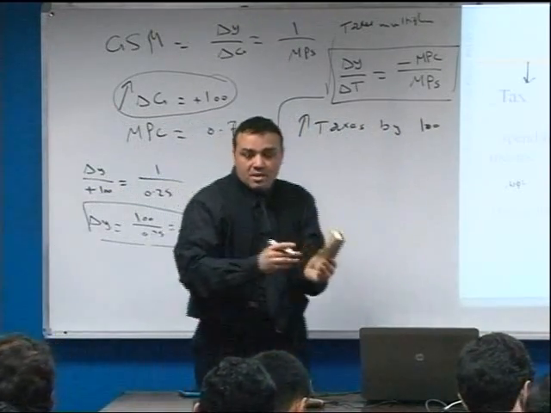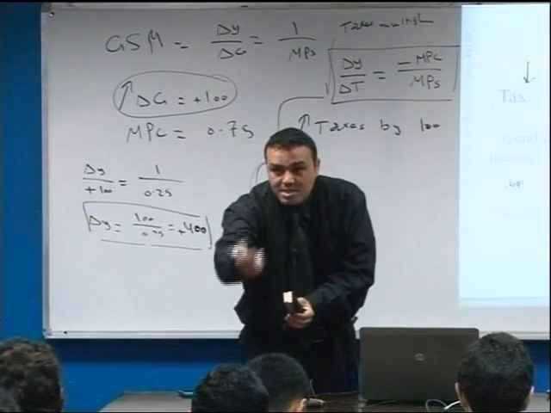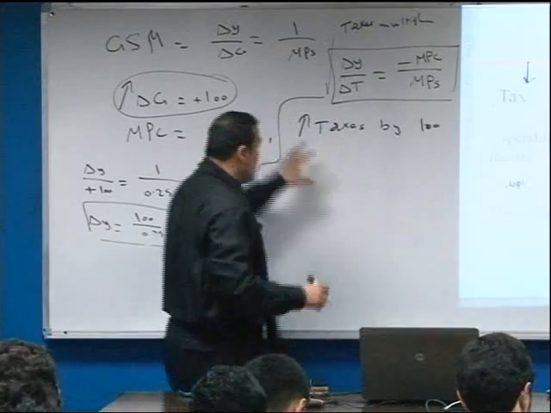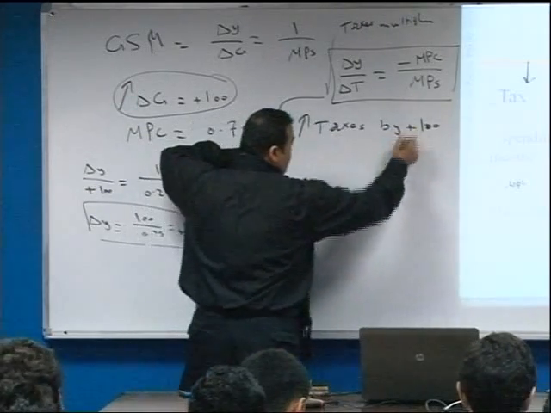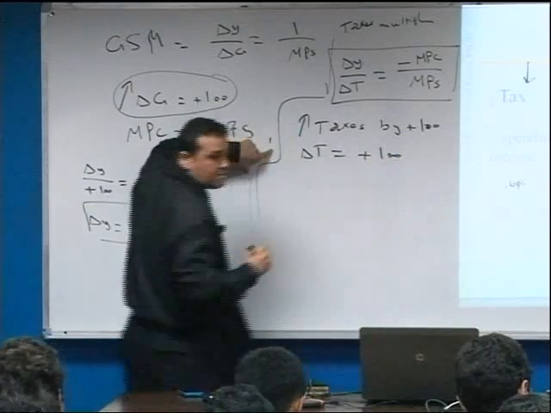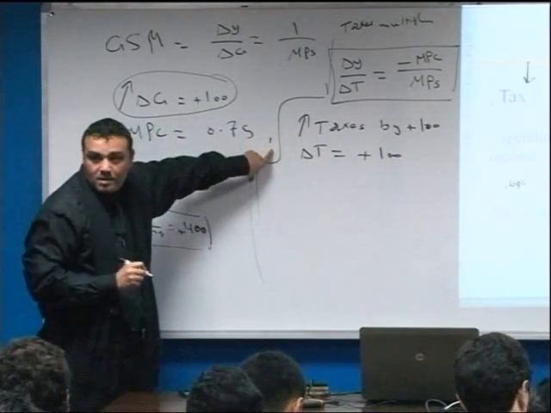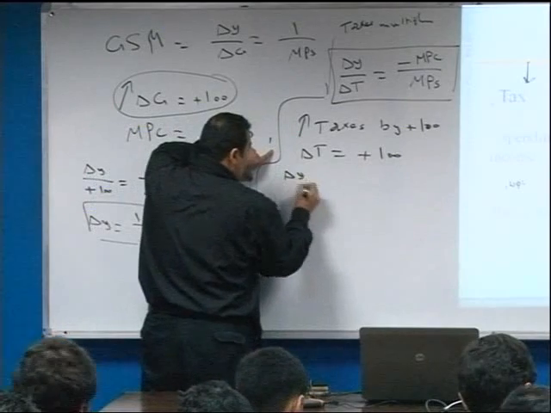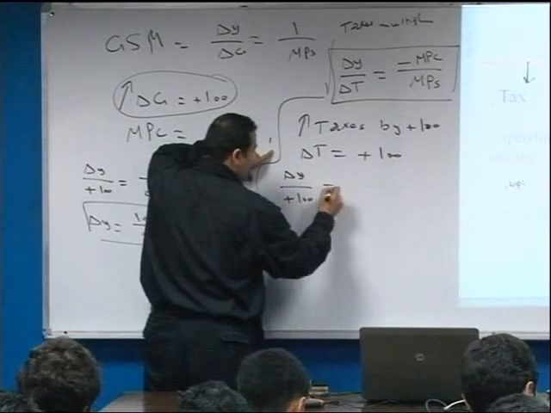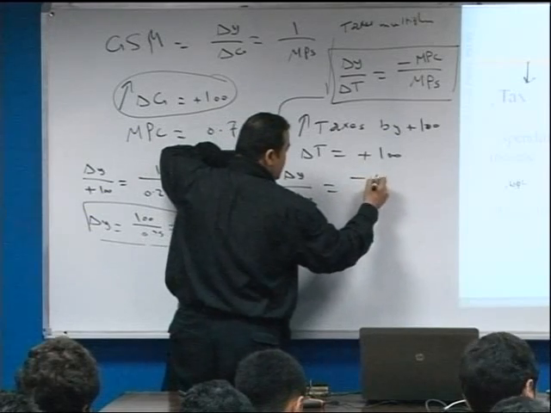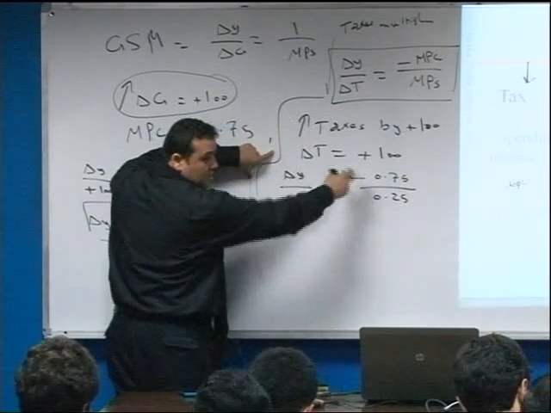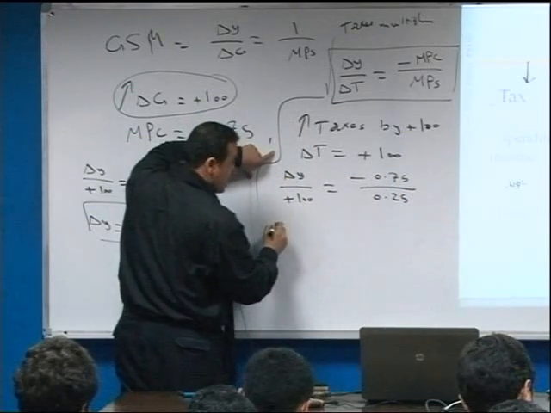At the same time, the government spends $100 million and collected taxes of $100 million. So this is positive: delta T equals positive $100 million. So delta Y over delta T equals minus MPC 0.75 over 0.25. So it should be a decrease in aggregate output.